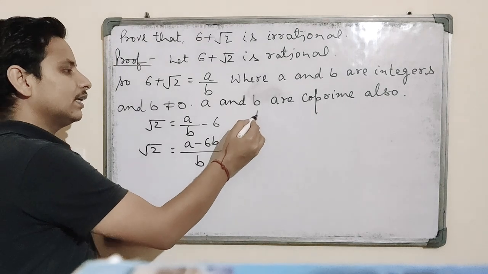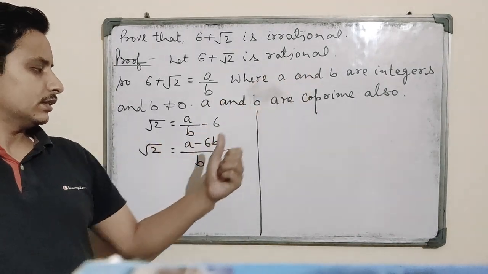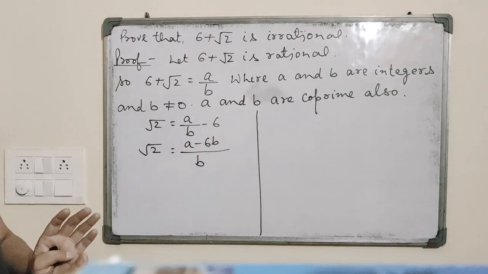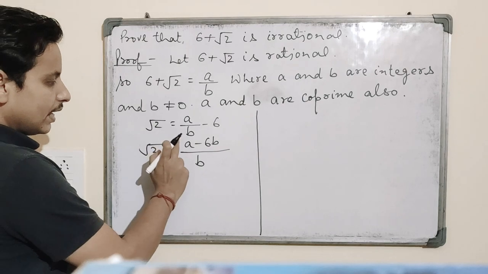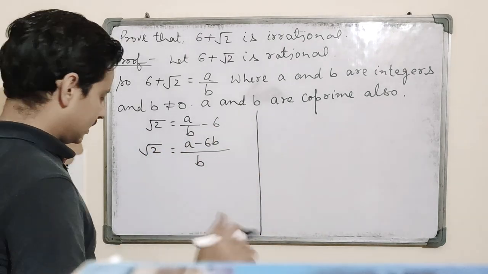Now we have taken that A and B are integers. Since A and B are integers, A minus 6B will be an integer, and B will also be an integer.